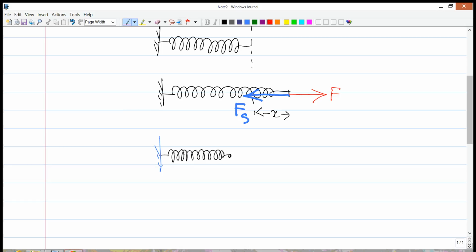in which case the force that we exert, the outside force, would be some amount F again, and in this case the spring would try to push back out, once again trying to bring the object to its equilibrium length.